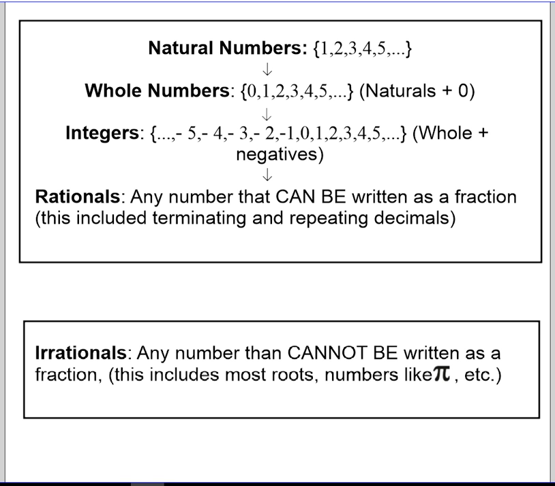But for example, the square root of 5 would be irrational because there's no whole number times itself that would give you 5 as an answer. And then numbers like pi. We know that we can round pi to 3.14 when we're dealing with calculations with circles, but the actual value of pi never repeats and ends, and so it is considered an irrational number.